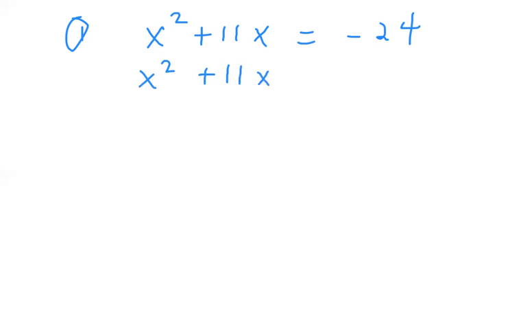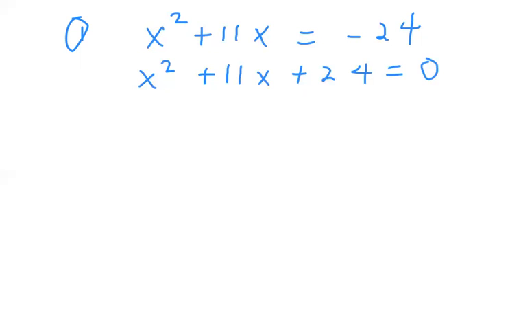So here's number 1. Now, for number 1, I've got x squared plus 11x is equal to a negative 24. Now, first and foremost, you should notice this is not isolated. So first, you have to isolate the quadratic by adding the 24 to both sides, or just take the negative 24, move it over to the left side.